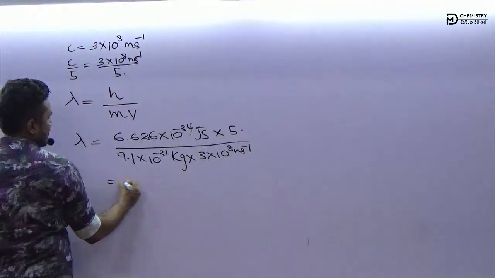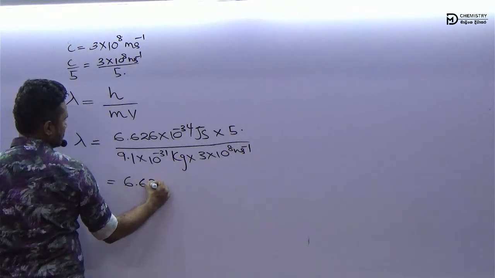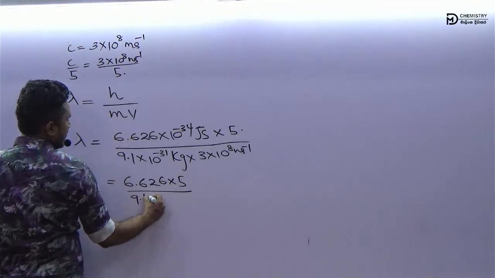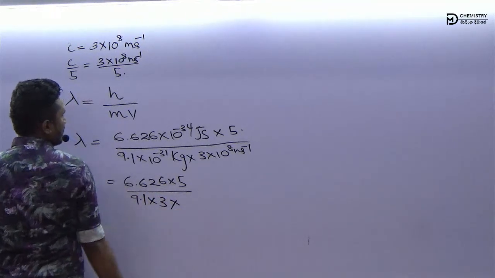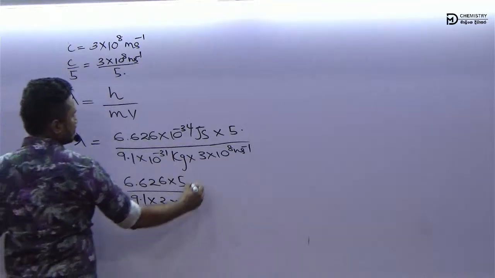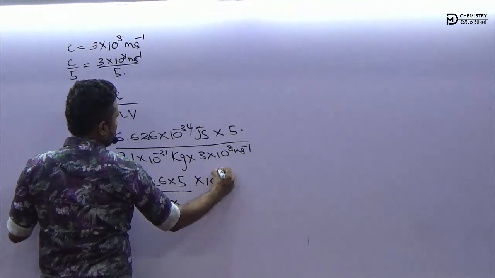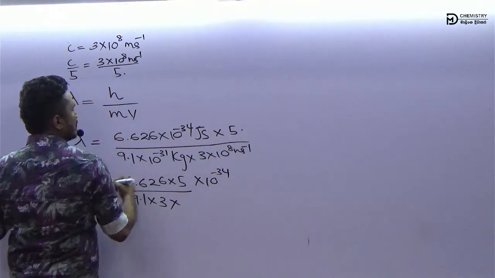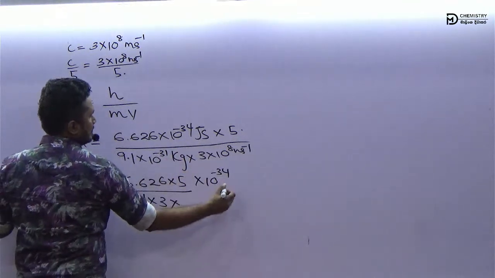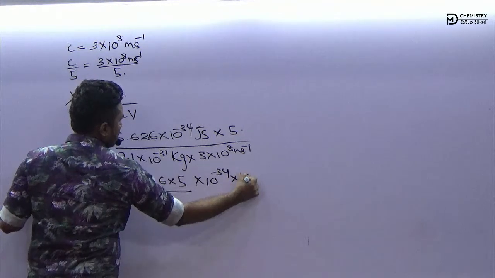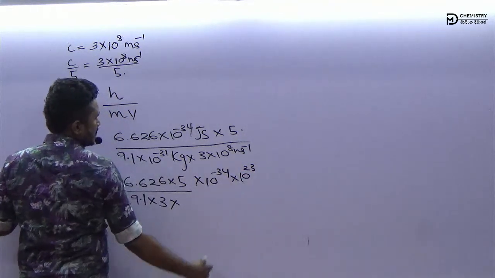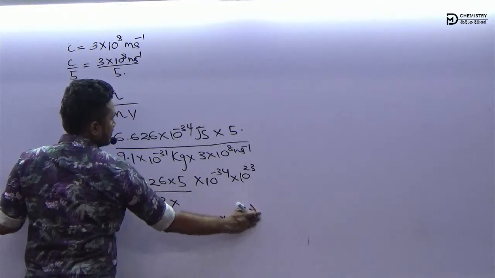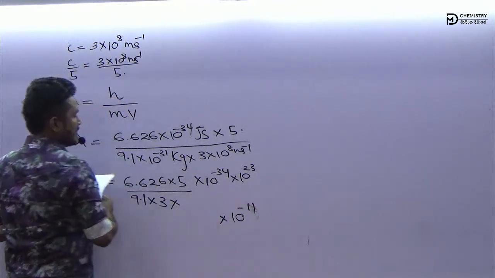So you can clearly see 6.626 into 5 divided by 9.1 into 3. When you come to the powers guys, minus 34 is there. We can clearly see when we go to the result, 31 and 8, it is plus 23. So my final answer here, minus 11 is there.